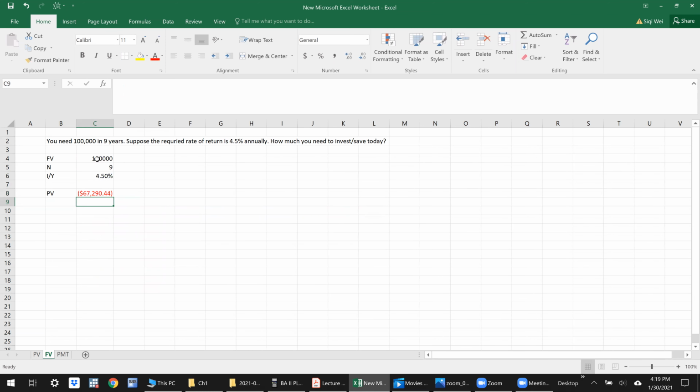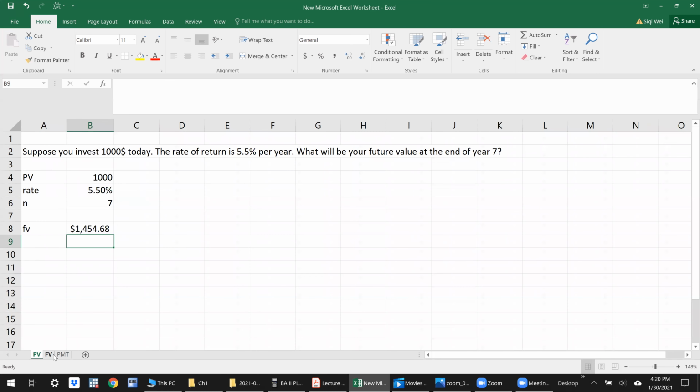Okay, so now you have this amount that is going to be your present value. Notice that it's a negative amount, which means the initial outlay. You need to invest this amount to get 100,000 in 9 years. It's just a sort of a reverse engineering process of the future value example.